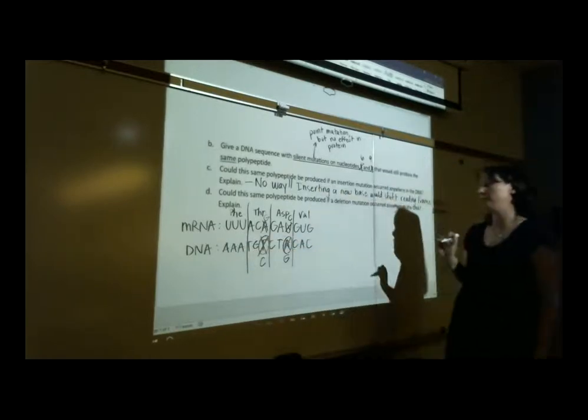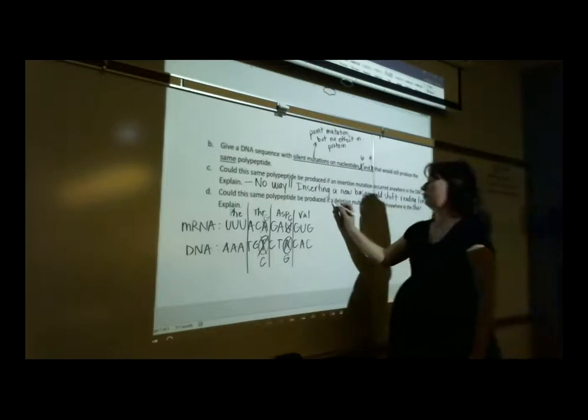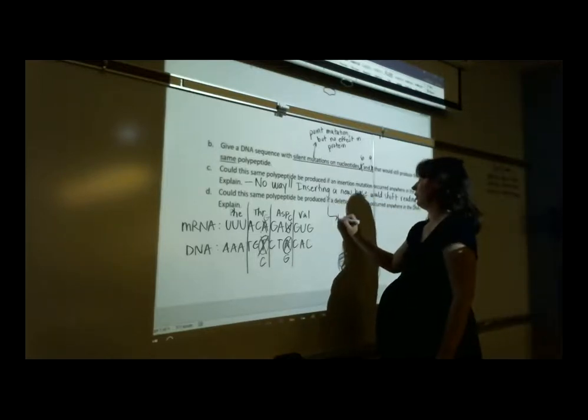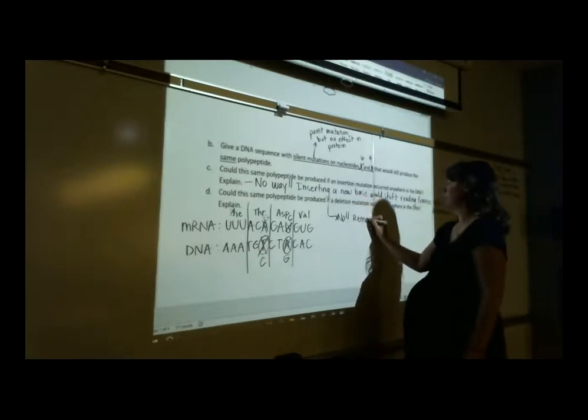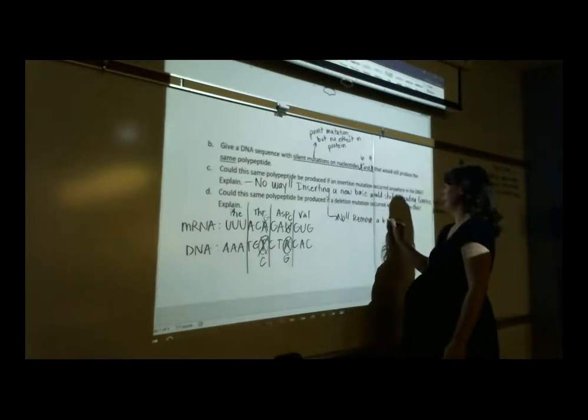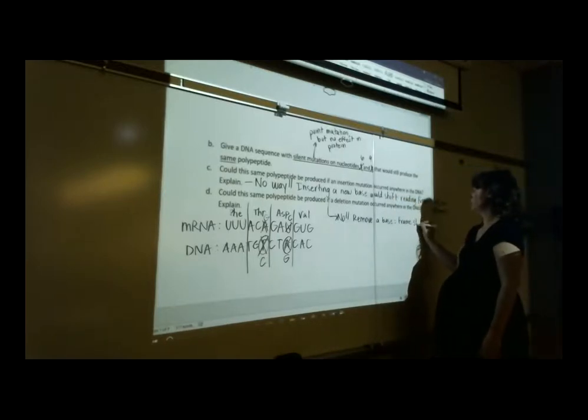Could this same polypeptide be produced if a deletion mutation occurred anywhere? No, no way. Again, what's the same reasoning, right? No, because remove a base equals frame shift, right?